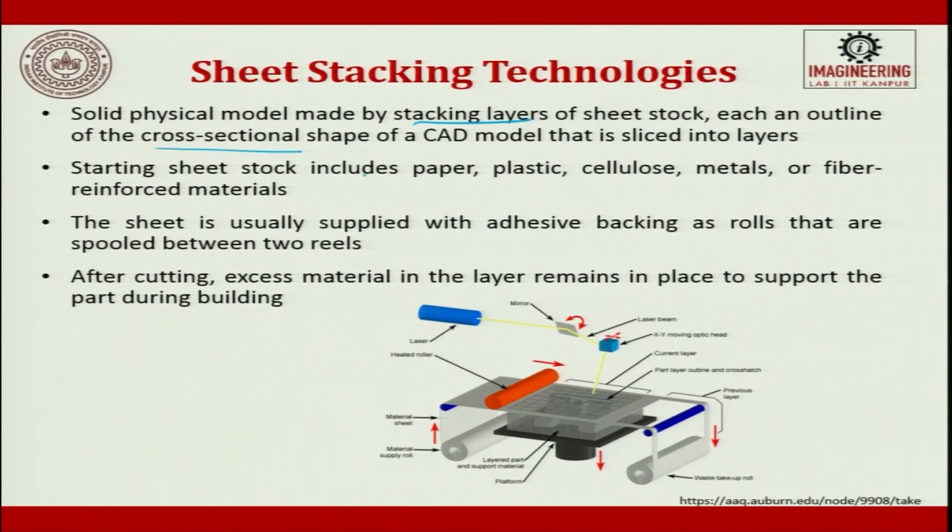Starting sheet stock includes paper, plastic, cellulose, metals or fiber reinforced material, anything can be there. The sheet is usually supplied with adhesive backing as rolls that are spooled between two reels.